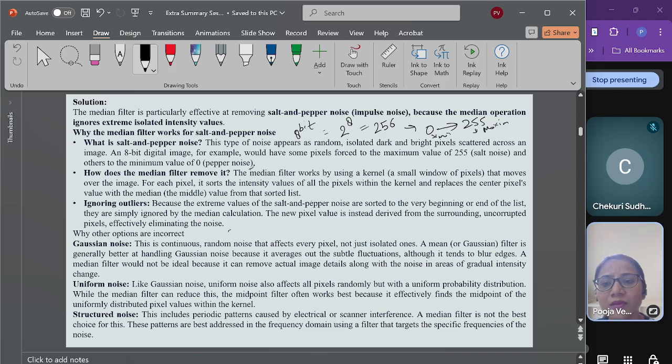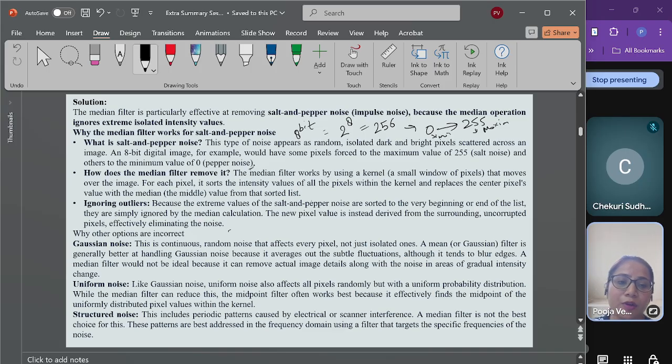Okay, so why are the other options incorrect? The first one is Gaussian noise. Gaussian noise, as you have already seen, is a continuous random noise that affects every pixel, not just isolated ones. A mean or average filter will generally be better at handling Gaussian noise because it averages out the subtle fluctuations, although it tends to blur edges.